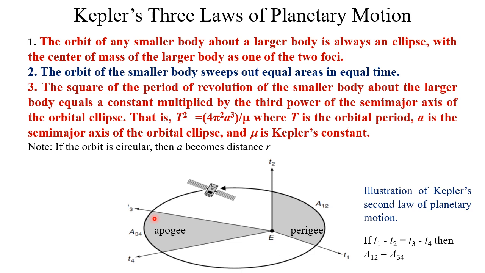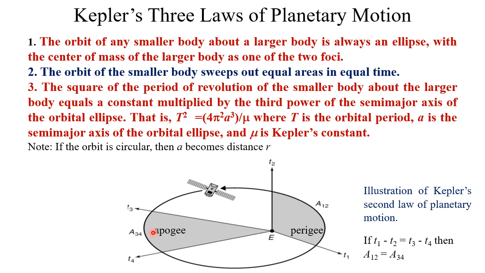Now consider the same satellite revolving around the Earth, and it is covering this much area within the time of t3 and t4. So the area for this case is A12, and the area swept out by the satellite is A34.